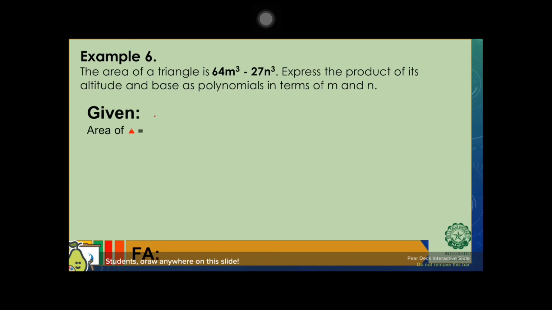We have base times height divided by 2. Since we already have the given area, you can simply substitute the value of the area. So you end up having 64 m cubed minus 27 n cubed, and that would be equal to the base times height divided by 2.